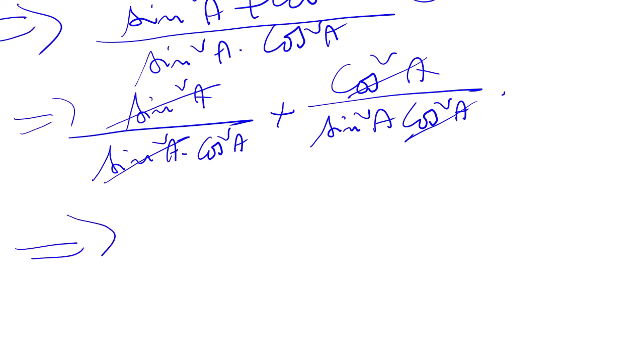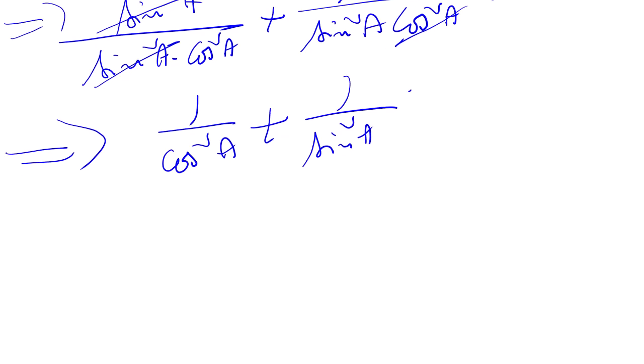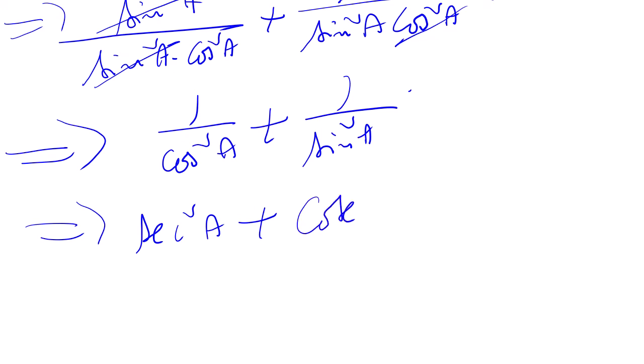So this becomes 1 upon cos square A plus 1 upon sin square A. So 1 upon cos square A is sec square A plus 1 upon sin square A is cosec square A.